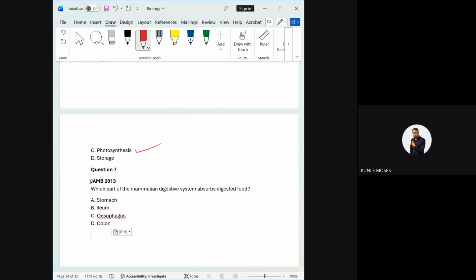Susanna. See, esophagus. Esophagus is the channel through which food enters into the stomach.